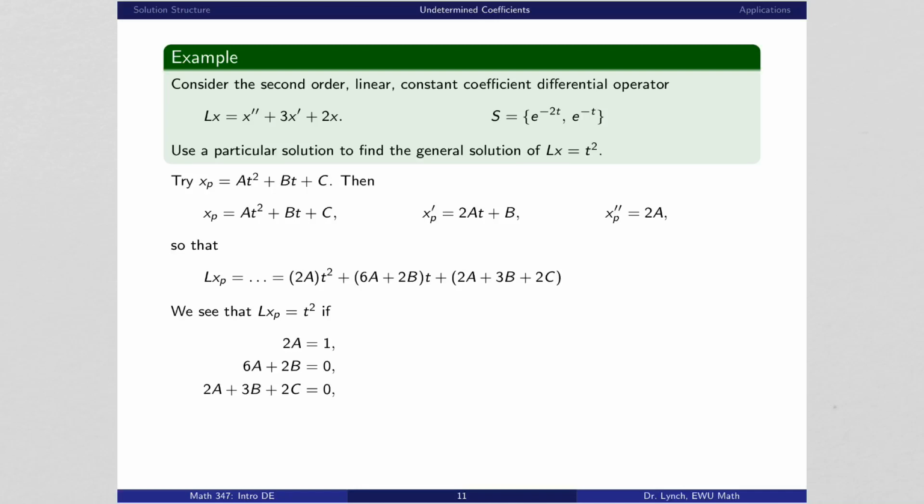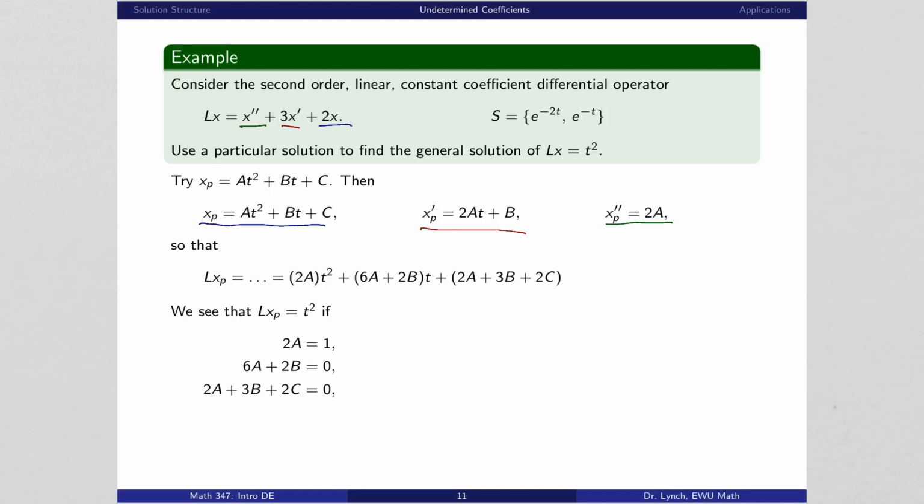One thing we can do is find its derivative and its second derivative and plug those into Lx. It takes a little bit of work, but simplify, simplify, simplify, plugging x sub p into the zeroth derivative and the first derivative, and you end up with another polynomial.